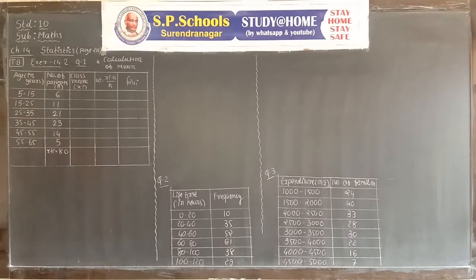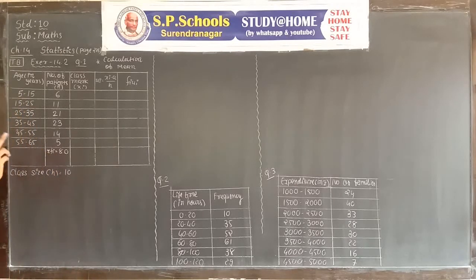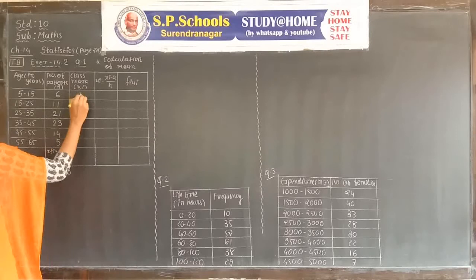Now to find the class mark, first of all decide the class size h, which is 10. For the first class mark, 15 plus 5 is 20, 20 divided by 2 we get 10.